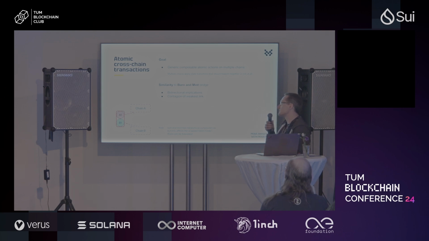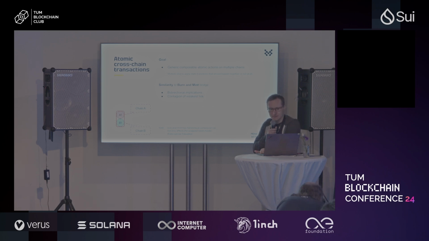There has been a study by UDL from Imperial College London on the topic of bridges, and the implications of that are quite similar to our setting as well. There are bidirectional implications, and the weakest link in a setting of multiple chains can become a contagion. I'll be talking about that in a minute.